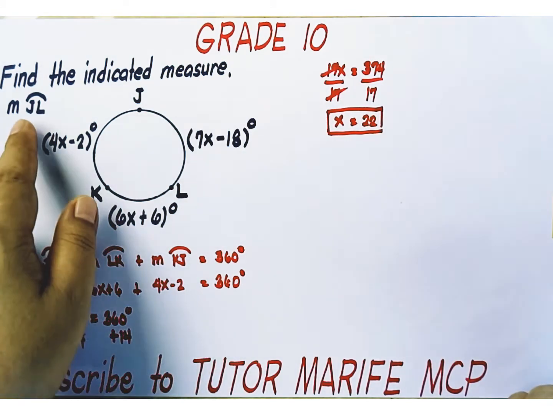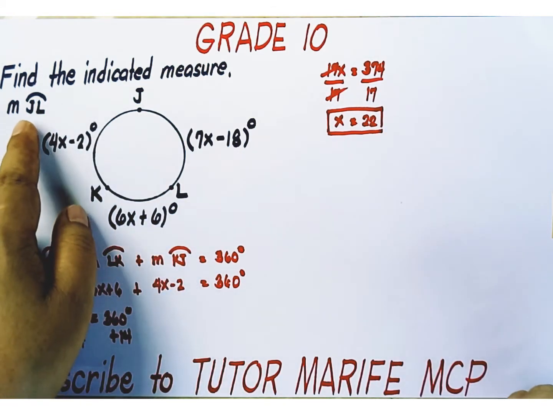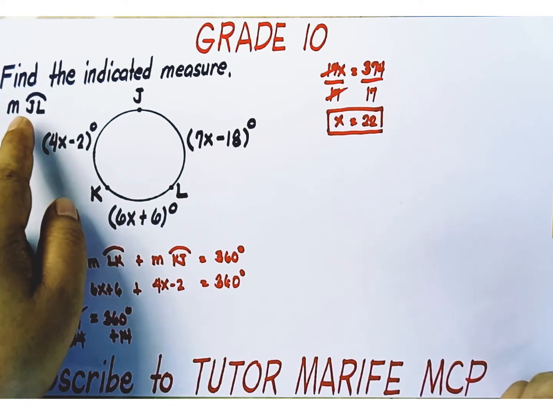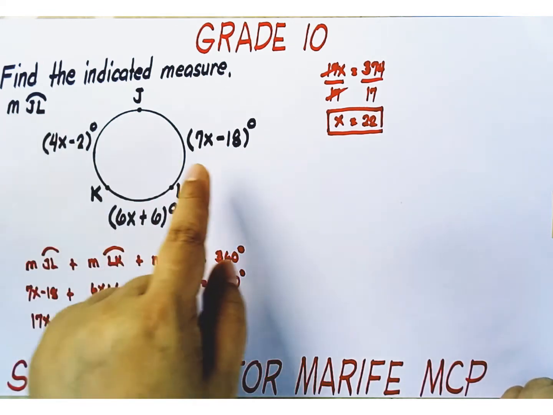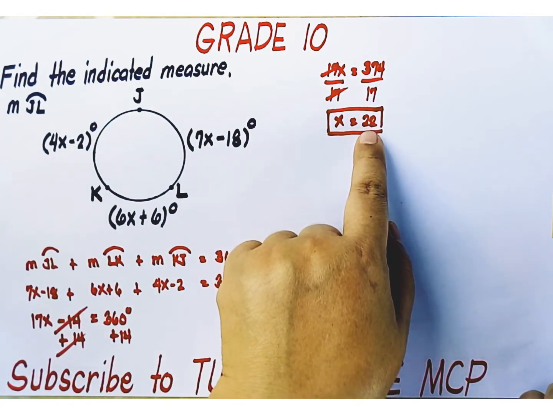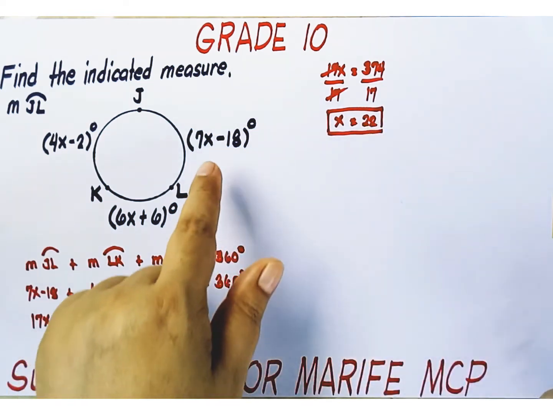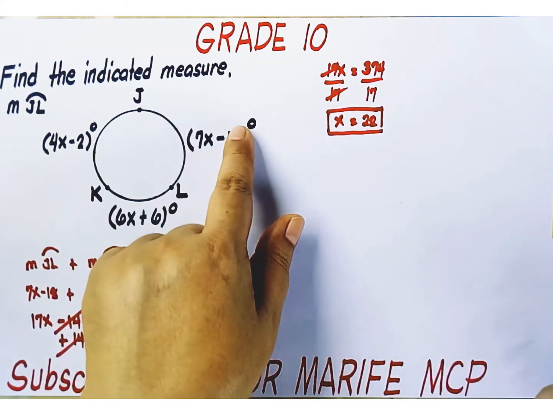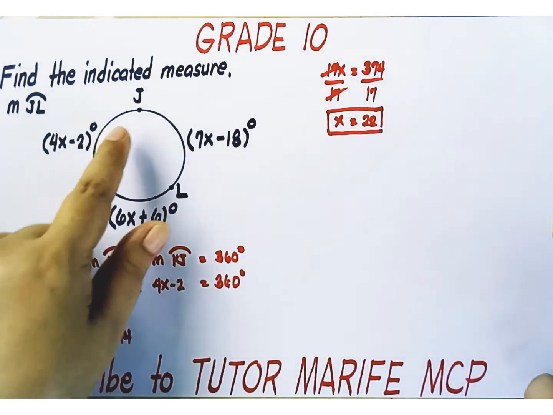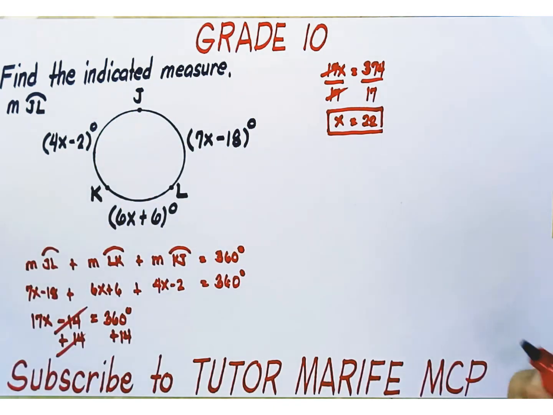Let's now solve for the indicated measure. We need to find the measure of arc JL. So we simply substitute x equals 22 into this expression, the representation of the measure of arc JL.